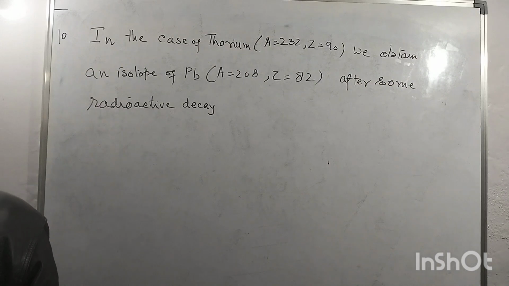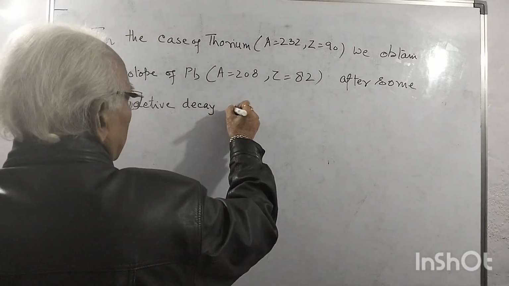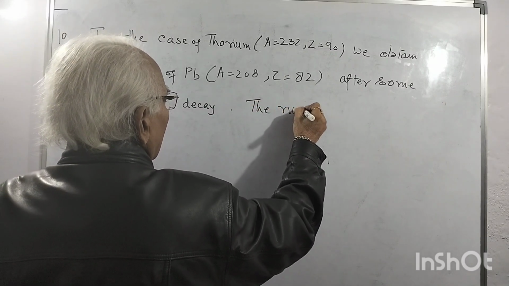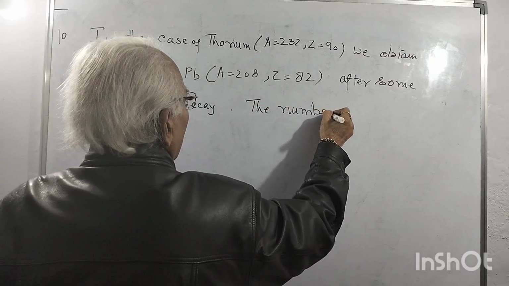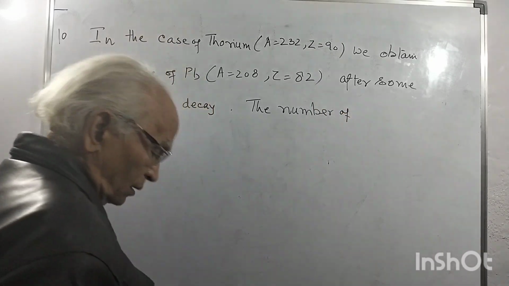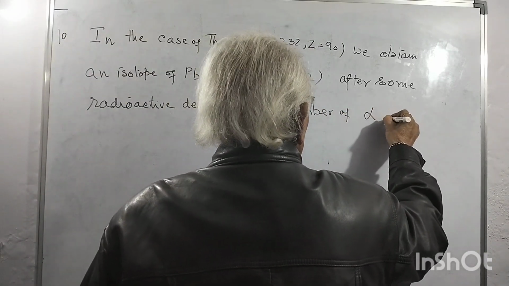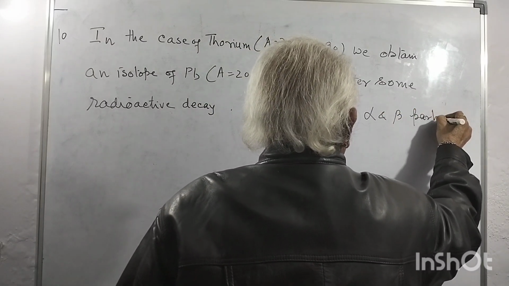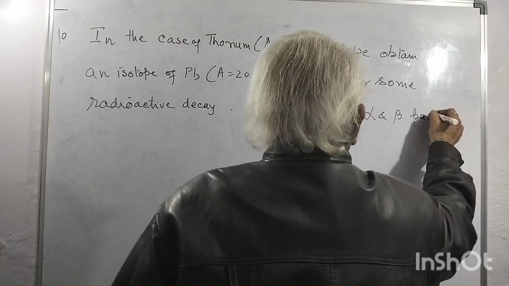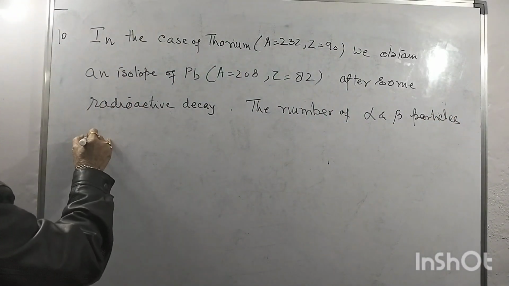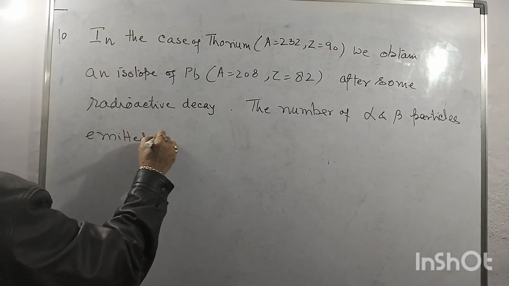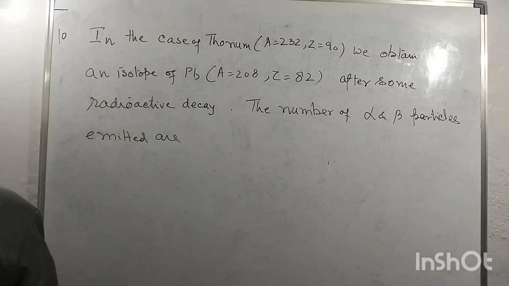The number of alpha and beta particles emitted are, the answers are given here.